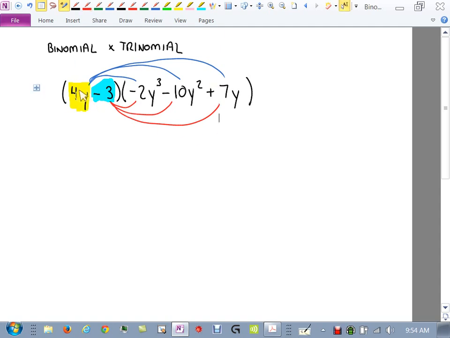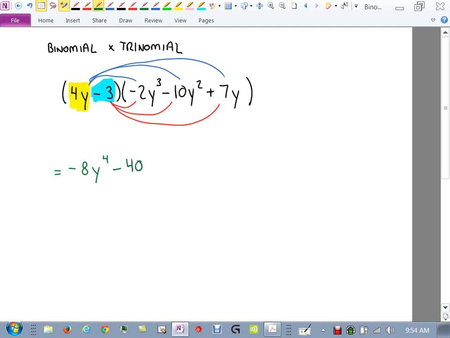So let me try the first multiplication. What is 4y times negative 2y cubed? Negative 8, y to the what? 4th. Negative 8 comes from 4 times negative 2. Y to the 4th is y times y cubed. Now I'm ready to move to the next one. What's 4y times negative 10y squared? So what's the number?